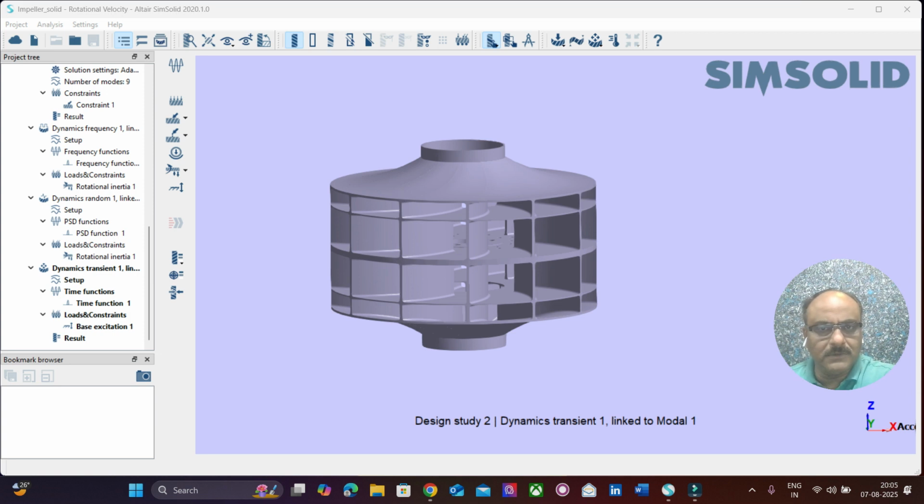We had also done frequency response simulation. We had also done modal dynamics. So as I mentioned earlier, let's revise what exactly we had done.